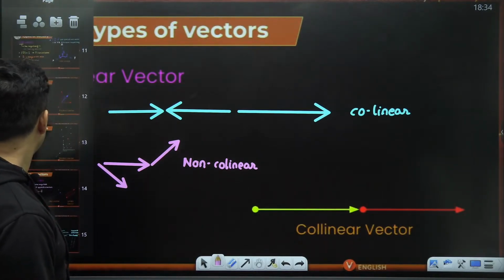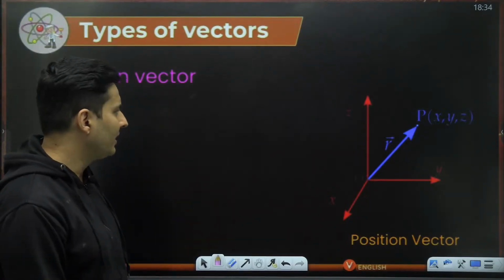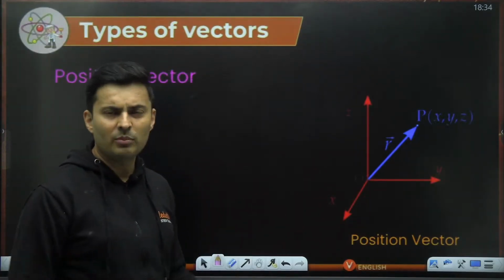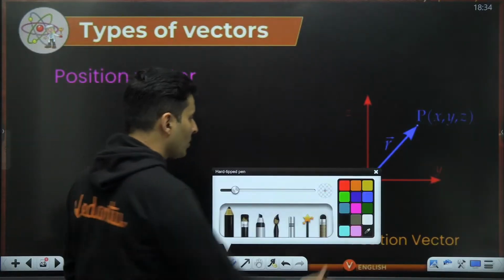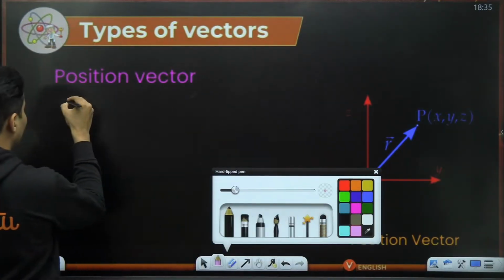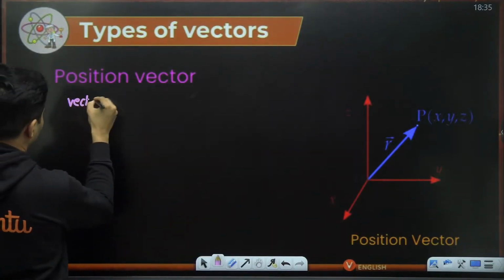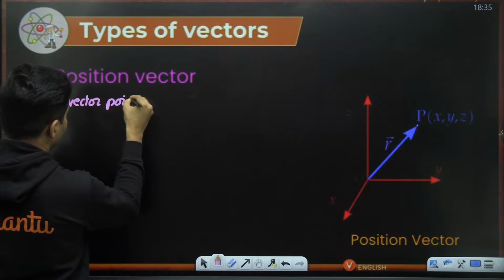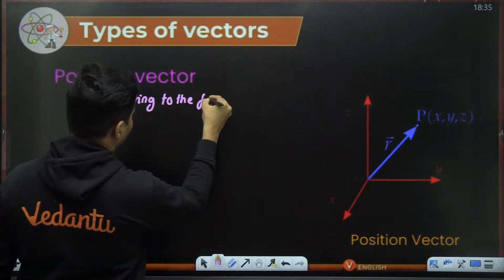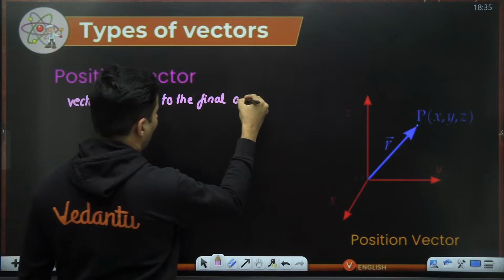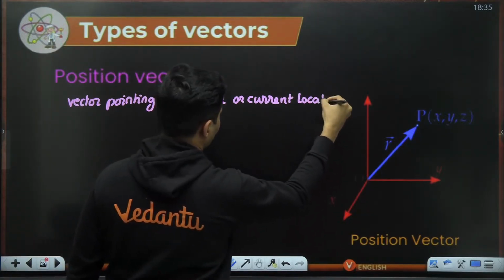This one, position vector. This is also very important. So what is the meaning of position vector? Position means it points towards the current location. So position vector will be a vector pointing to the final or the current location of the particle.